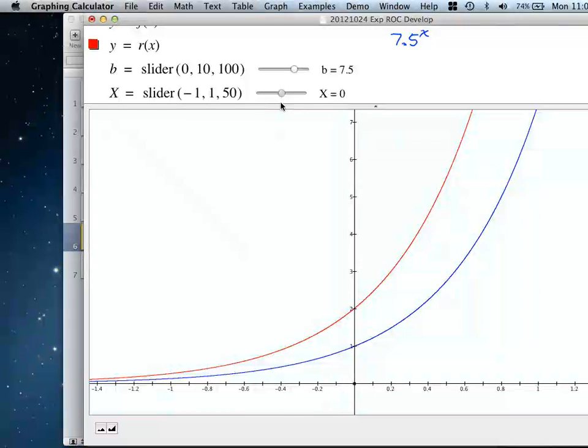So let's look at x equals 0. What's the value of the function at x equals 0? And what does the rate appear to be? About 2, right? So according to our hypothesis, what do we think maybe the rate function is?